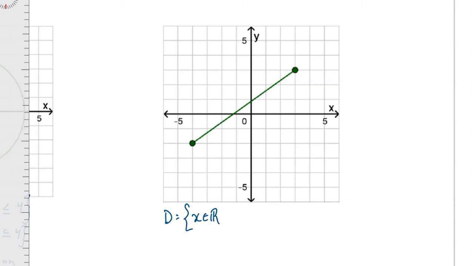X is an element of the real numbers such that, so just looking at x, ignoring y, where does it start and where does it stop? Watch, if you want to watch, you could do this. Draw a vertical line. What's this x value? -4, right? So that's the smallest. What's this x value? 3, +3. So that's the biggest.